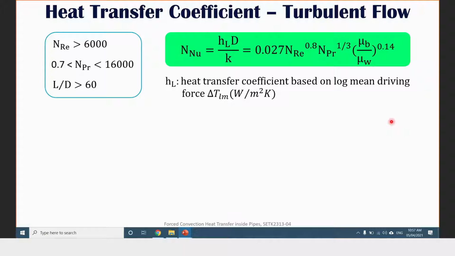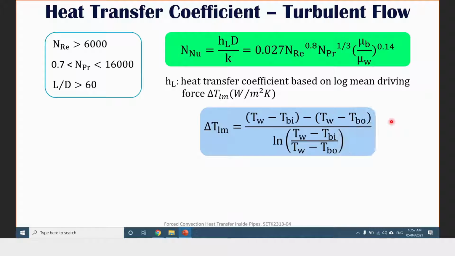The log mean driving force is called delta TLM, where LM stands for log mean and T for temperature. To calculate delta TLM, we use the temperature of the wall, the bulk inlet temperature, and the bulk outlet temperature. By calculating this, you can get delta TLM.